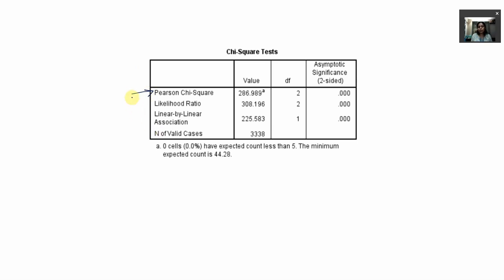So we'll just be seeing the value, the degree of freedom, and the asymptotic significance, two-sided. So two-tailed test, and this asymptotic significance is the p-value.